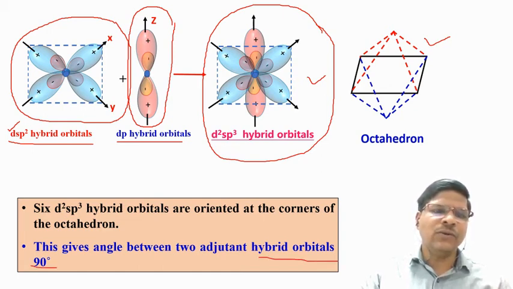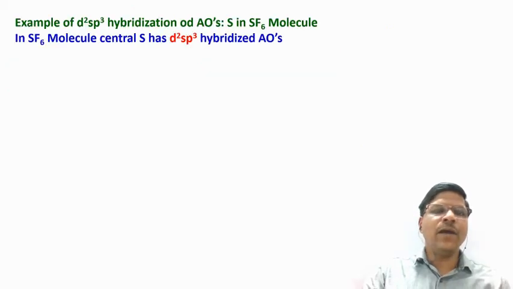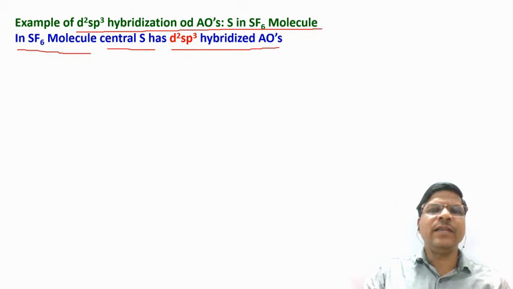The example of D2sp3 hybridization is the SF6 molecule. In the SF6 molecule, the central sulfur atom has D2sp3 hybrid atomic orbitals. That is, sulfur undergoes D2sp3 hybridization.